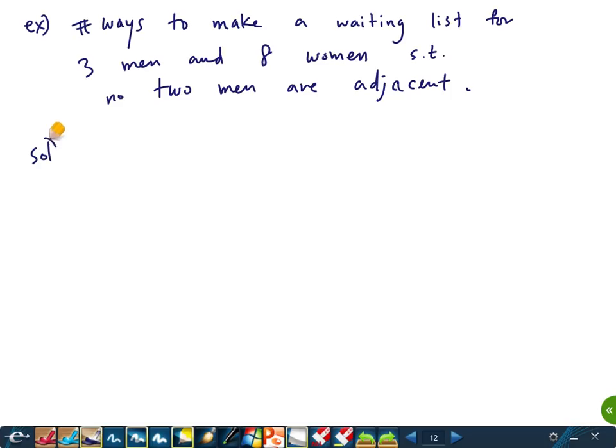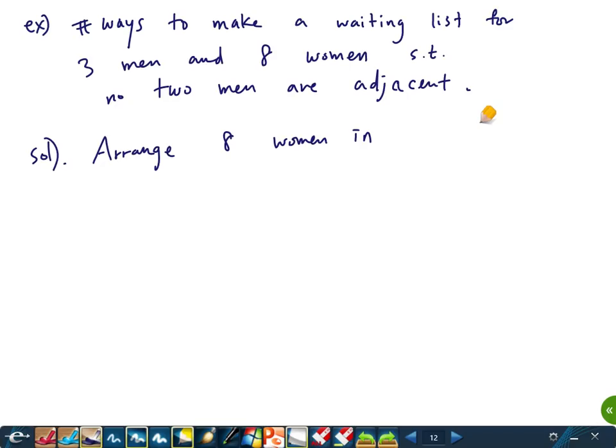So, you can think of a way to construct such a list. For problems like this, there are many possible solutions. This is one of them. Let's arrange the 8 women first. How many different ways are there to arrange 8 people?